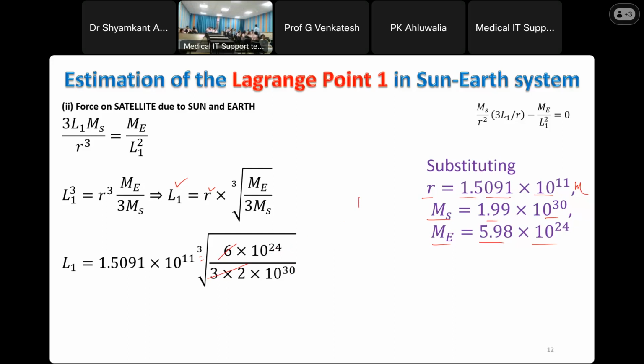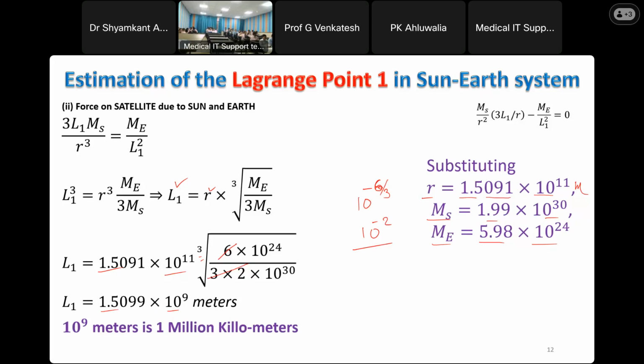So the cube root of 10 to the power minus 6 will be 10 to the power minus 2. So here 1.5 into 10 power 11 to be multiplied by 10 power minus 2 offers us 1.5 into 10 power 9 meters. So that is 10 power 9 meters, which means 1 million kilometers.